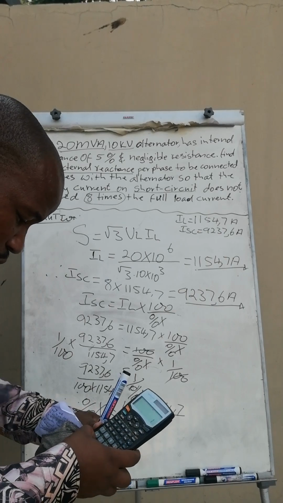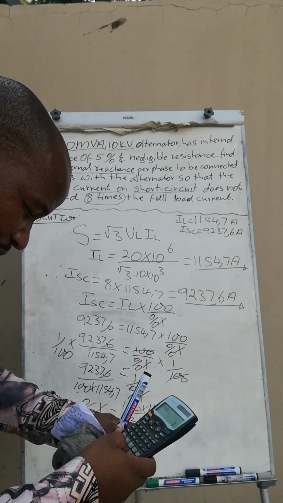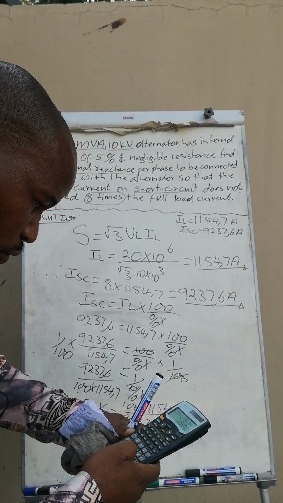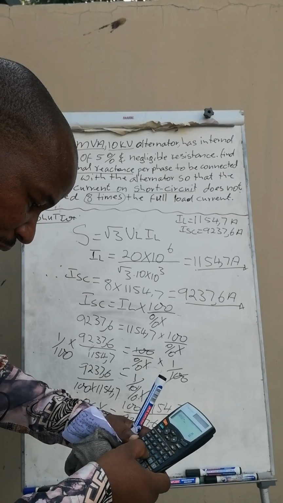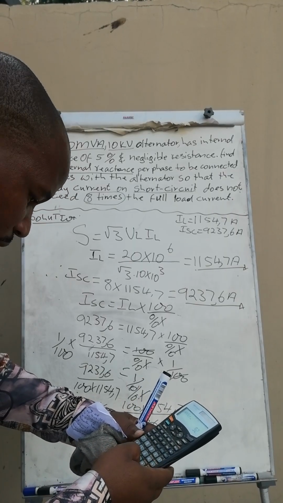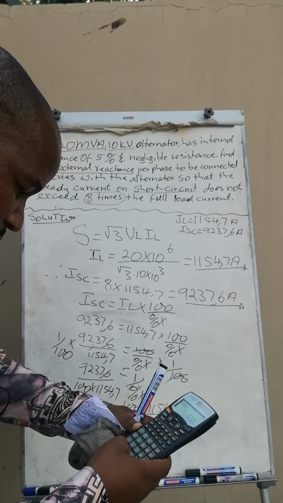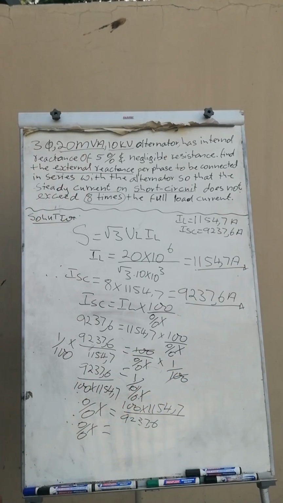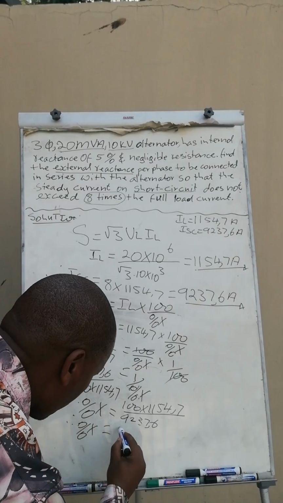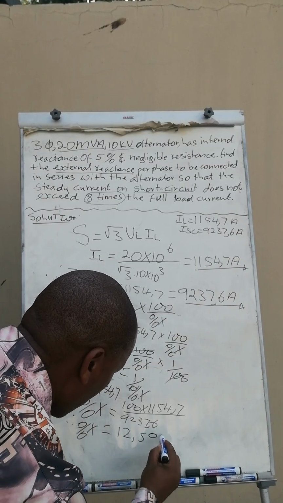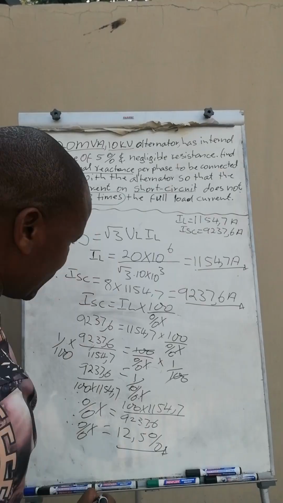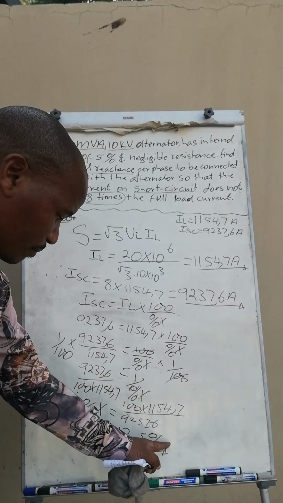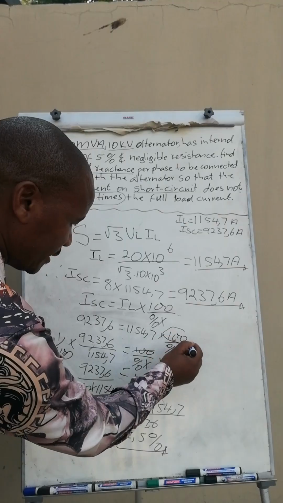It's equal to 100 multiplied by 1154.7, divided by 9237.6, which is equal to 12.5%. Why percent? Remember, the 100% was already in. We cannot multiply by 100%. It was already there.